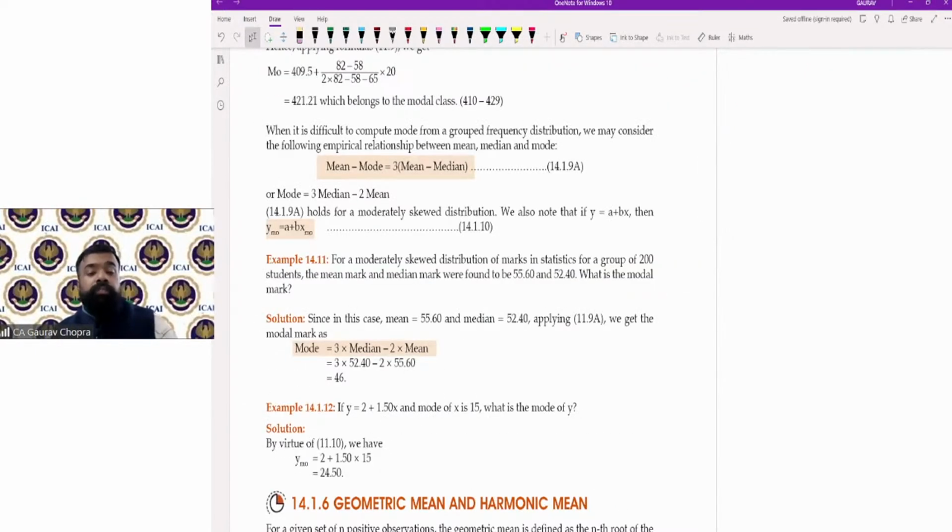So mean we have done, median is done, and mode is also done. Now there is a relationship between these three. What is the relationship? It says mean minus mode is equal to 3 times of mean minus median.